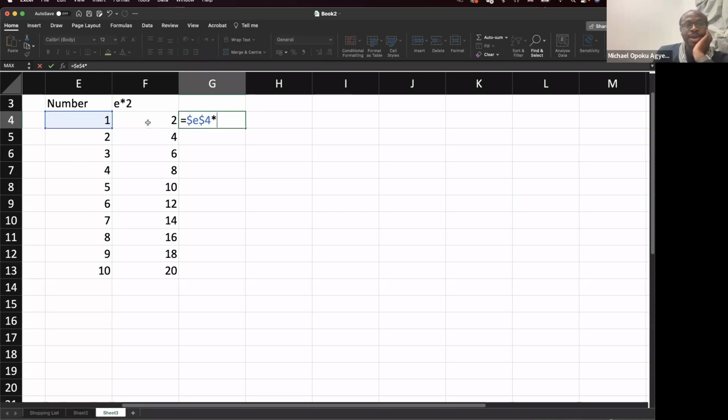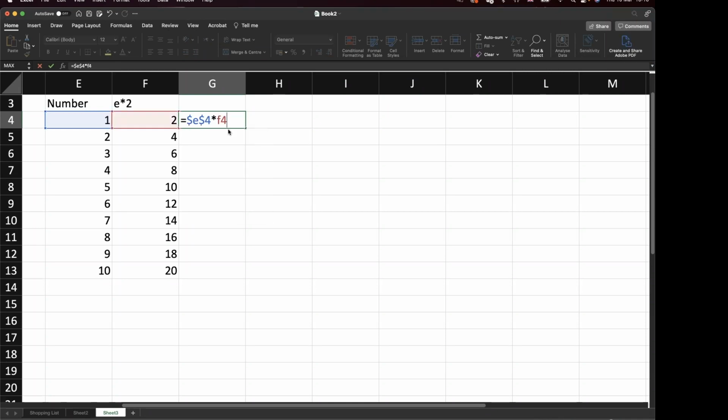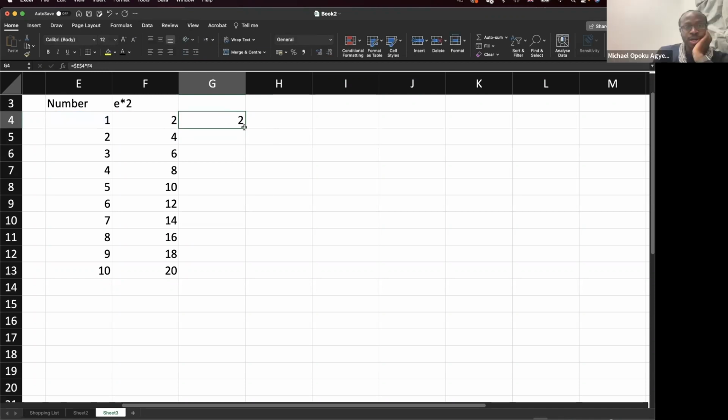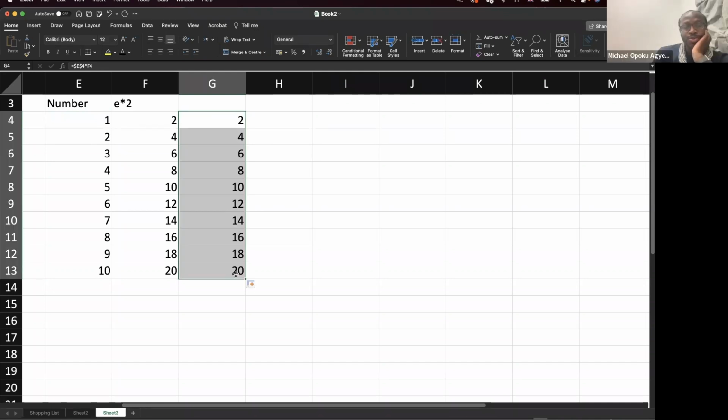We want to multiply by the corresponding values in here. So if I take this and multiply by that, F4. Then afterwards, what do I do? Then you scroll it down. It will copy like the 2. Yep, that's pretty much what we've done.